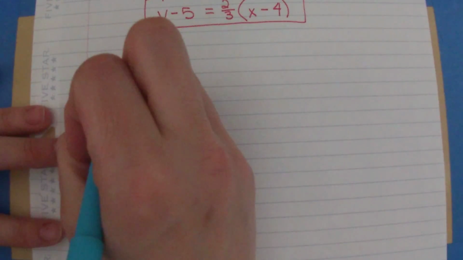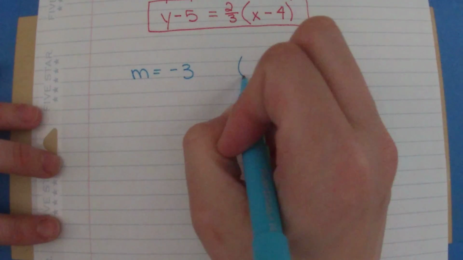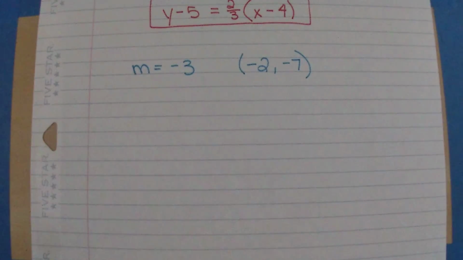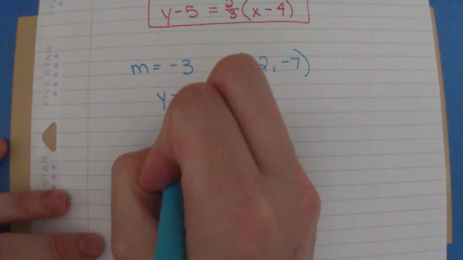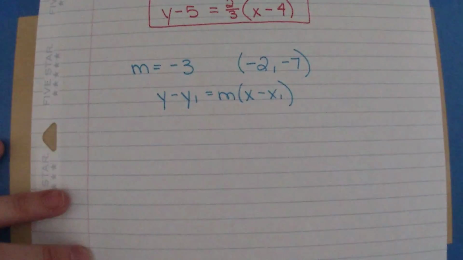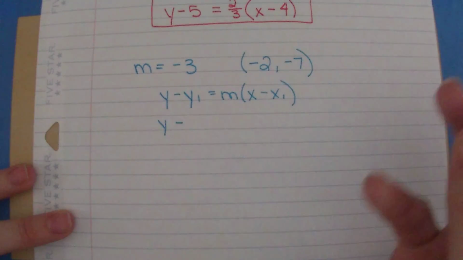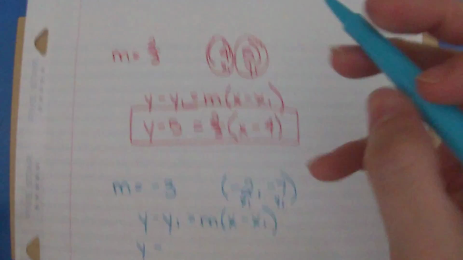Okay, so I could say m equals -3, and I want it to pass through the point -2, -7. So again, I'm using that same point slope formula. And I'll say y minus, again, right here's my ordered pair, just like we had up here.